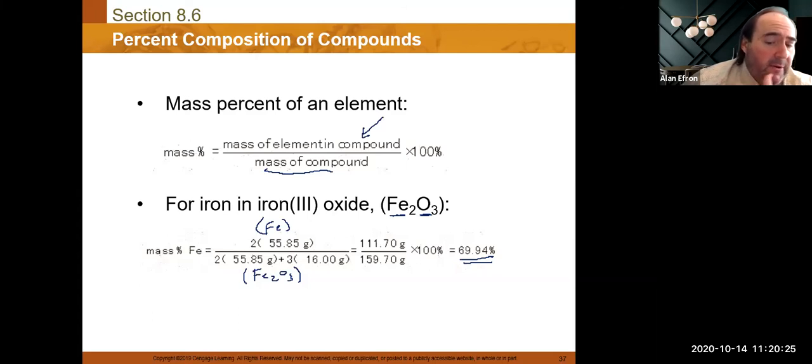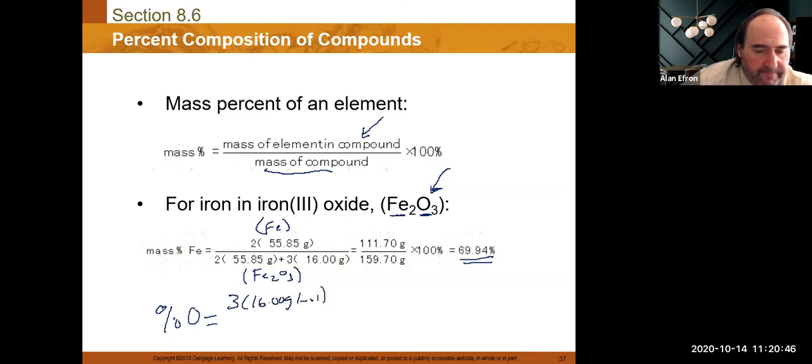We could also do it for the other element, and really at this point you have 2 options. One option is you can just do it like you would normal. So the percent of oxygen would be the mass of the oxygen that's present. So in this formula, there's 3 oxygens at 16 grams per mole. And we would use the molar mass of the whole thing.